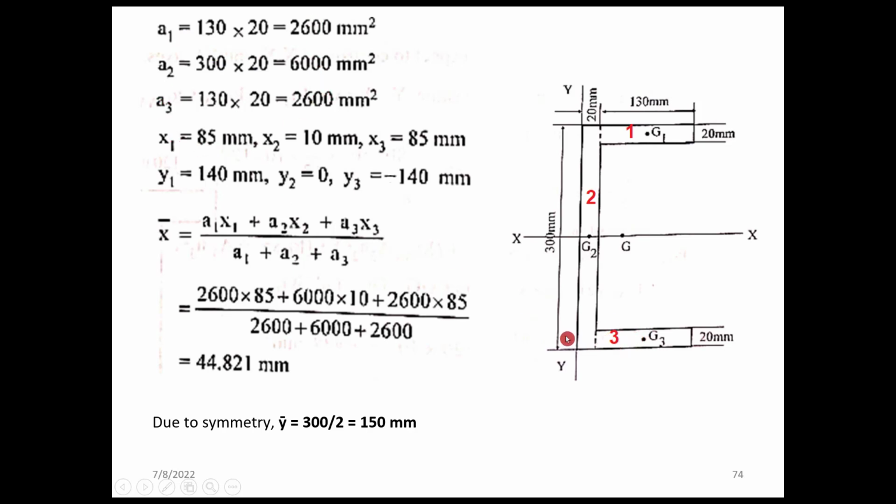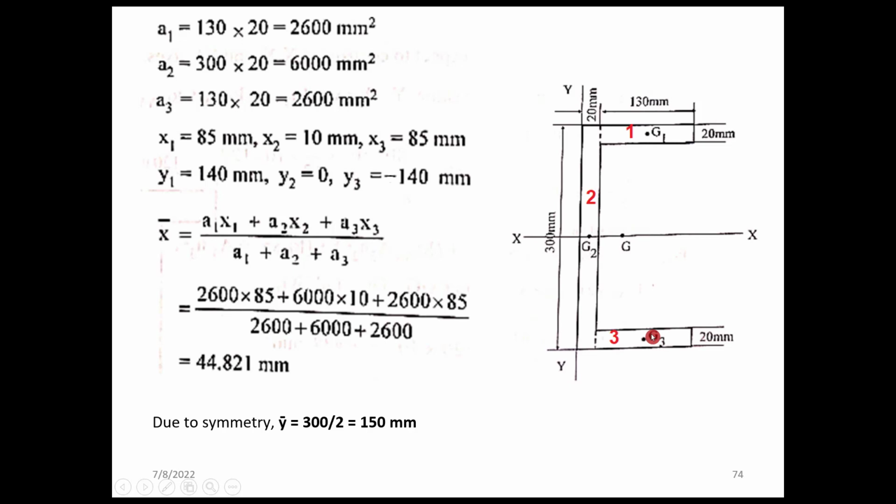X1 means the horizontal way, so considering this, 20 plus 130 by 2, so 20 plus 65, 85. X2 is half of this area, that is 20 by 2, 10. X3 is the same as x1, taking with respect to this y axis, 85.